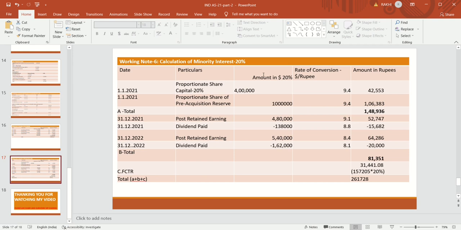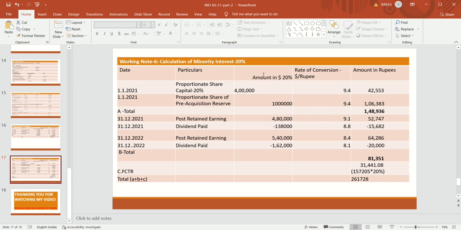Total pre-acquisition profit of minority will be 148,963.